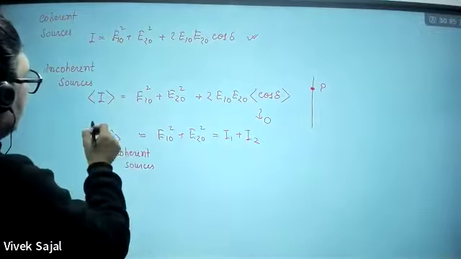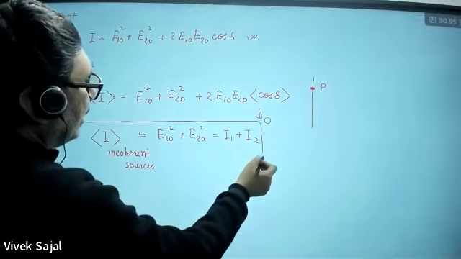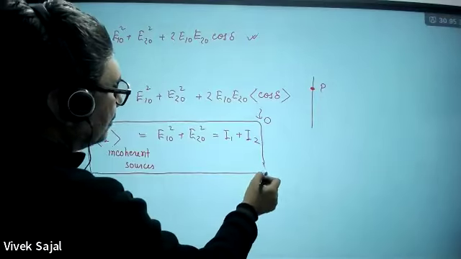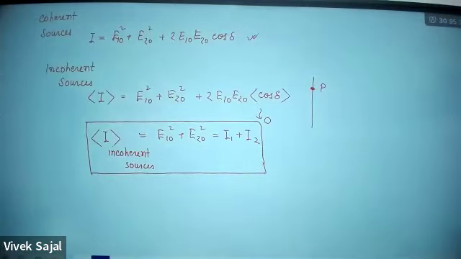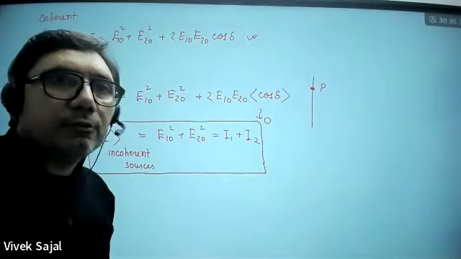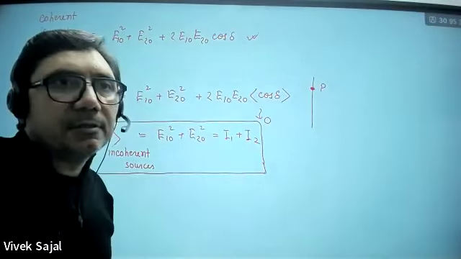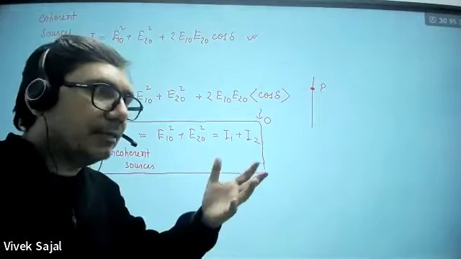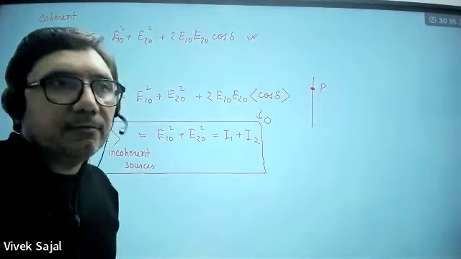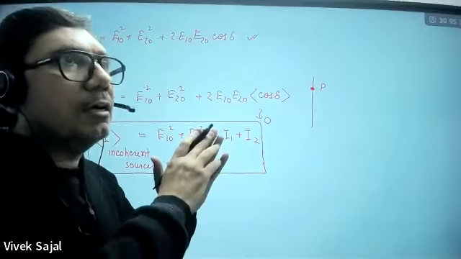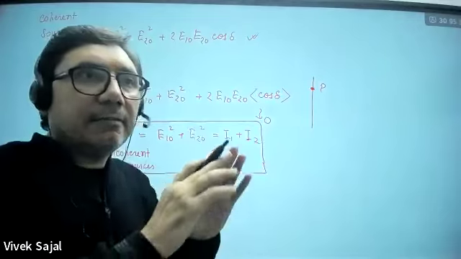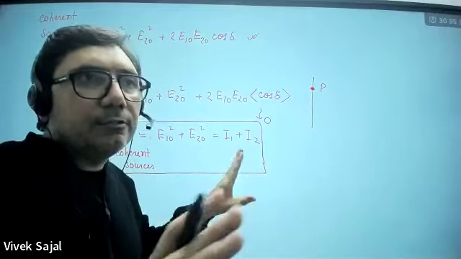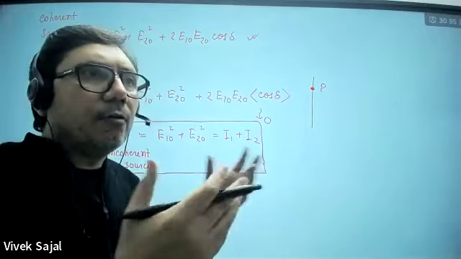So if your sources are incoherent, then at every point the average intensity will be this one. Okay, this will be the average intensity. That's why in your room, if you have two bulbs, the light waves emerging from these two bulbs are not coherent. And when they are not coherent, you find a constant intensity on the walls and everywhere.